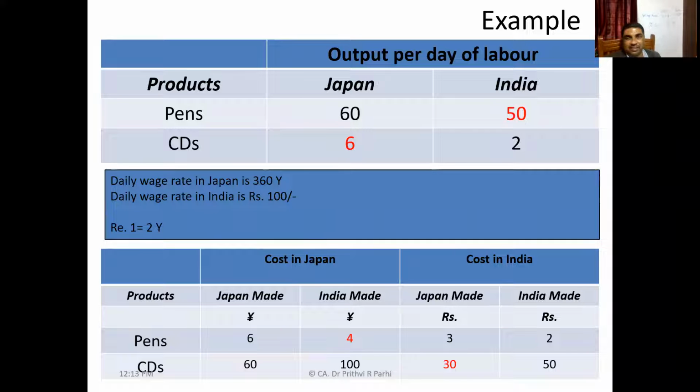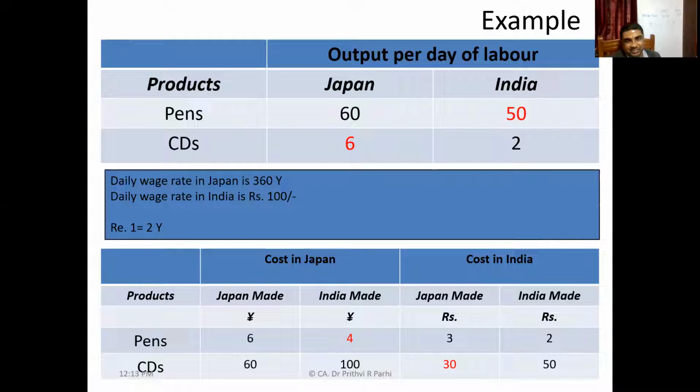We have converted the productions into money terms. Now, if you watch here, with international business, Indian pens are becoming cheaper in Japan. Compare the price of pens, Japan made and India made: Japan made pens are 6, India made pens are 4.